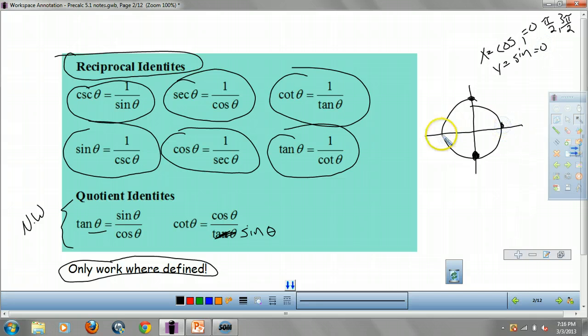Well, that's going to be at 0 and pi. Okay, keep this in mind. Because guess what? I can't take secant then of pi over 2 or 3 pi over 2 because, well, it doesn't exist. Can't divide by 0. Okay, it's the same as like your tangent. And you have to check your denominators, guys. You have to. Okay.